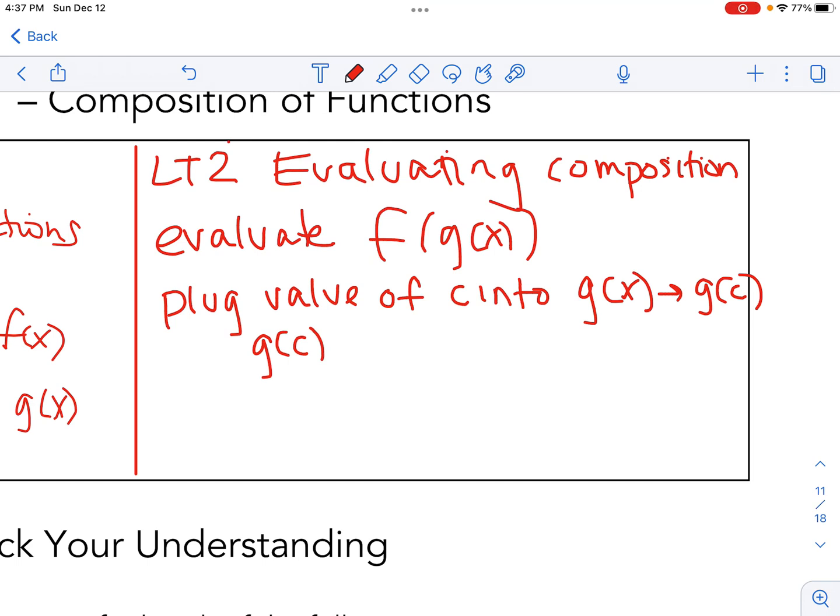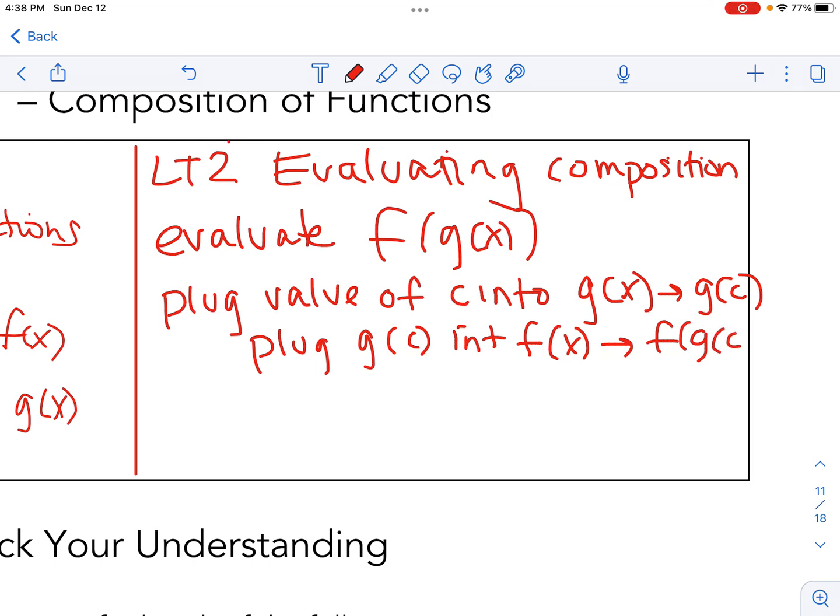And then we take g of c, and then we plug, actually let me restate that, then we can plug g of c into f of x to get f of g of c would be a better way of saying that. So we can do that.